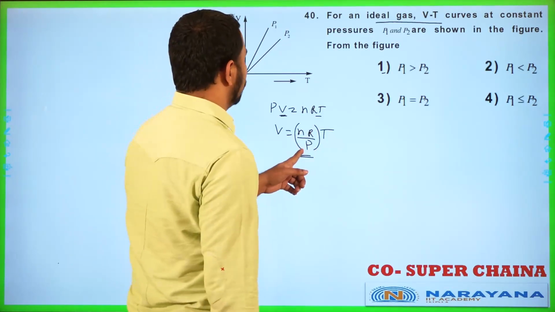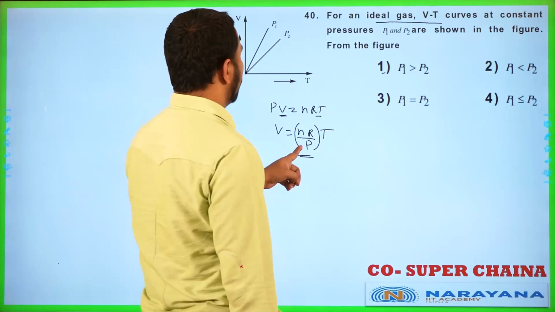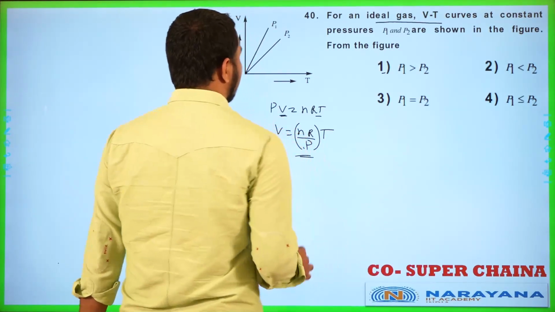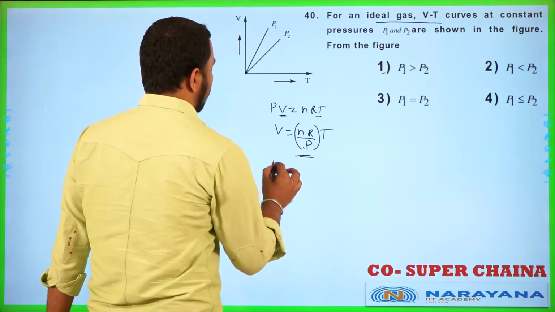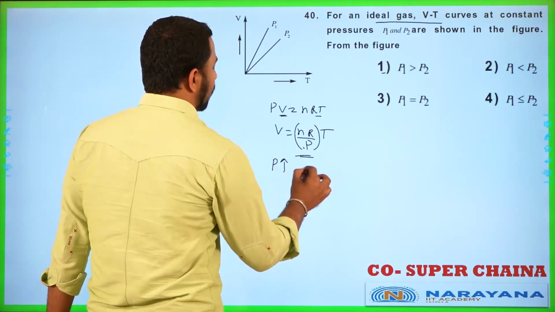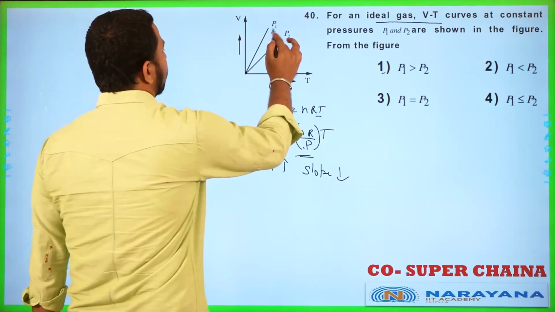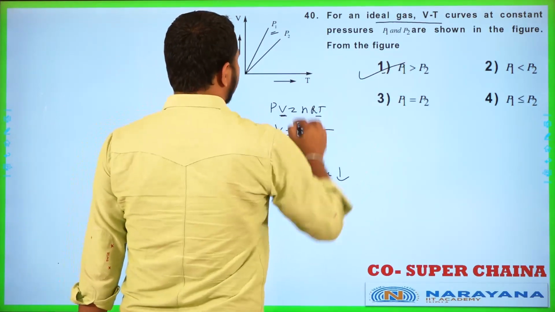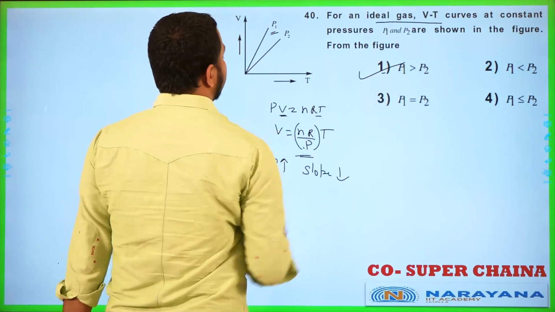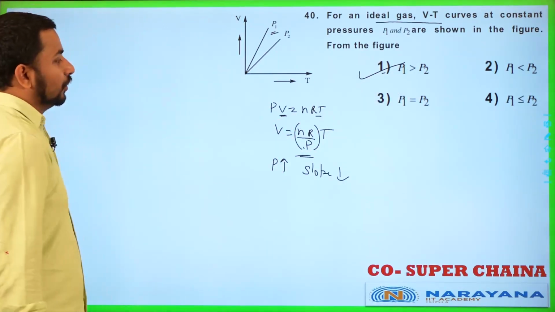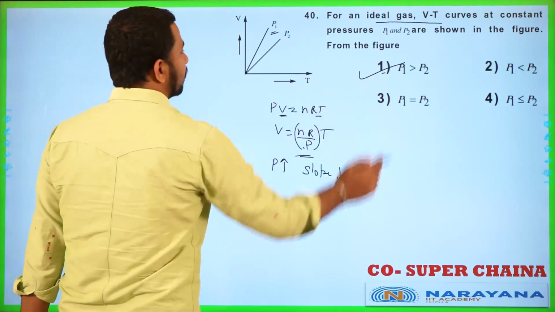So the more the value of P, the less is the slope, because it is in the denominator. So P1 will be greater than P2 for this one, because it is having the lower slope value. So if you check here, this P1 will be greater than P2.